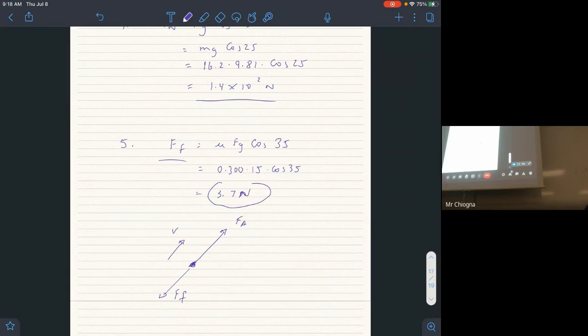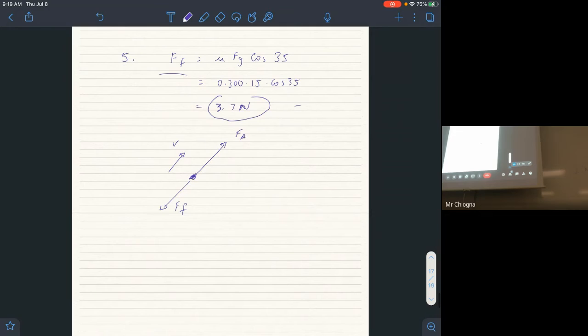So pay attention to what the question's asking. If it says magnitude, just give a value, 3.7. If it just says friction or force, calculate the force and give direction as well. Now I can do page 114.